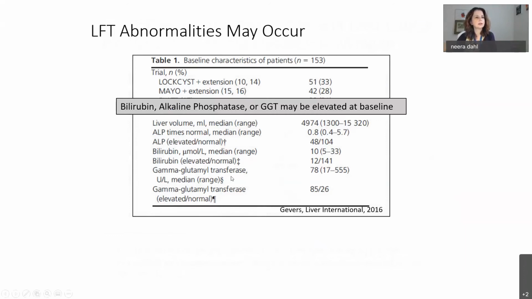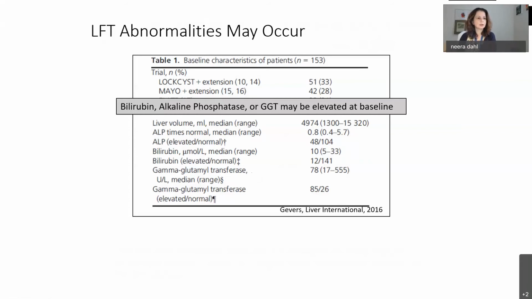This is looking at the baseline data of 153 patients who were studied for treatment for liver cysts. And what they saw was that bilirubin, alkaline phosphatase, or GGT may be elevated at baseline. And the cysts are formed from bile duct epithelium, so it makes sense that markers of the bile ducts could be a little bit off.